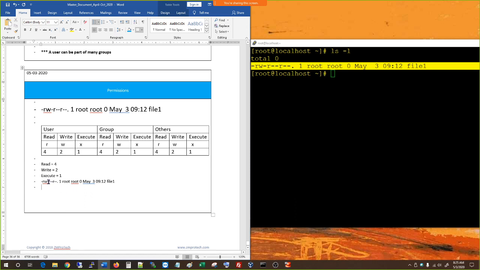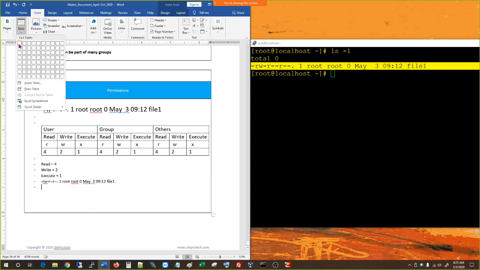A little hyphen here means that permission is not there. So for the first three parts here, user, can somebody tell me what you think the permission is?